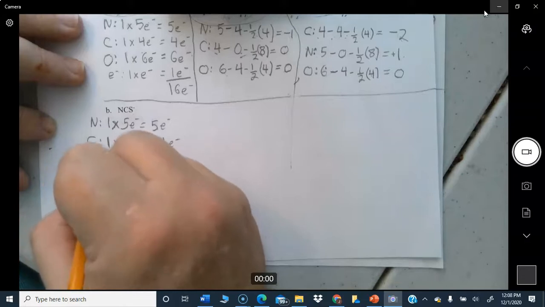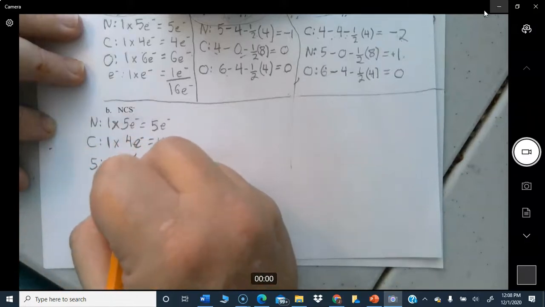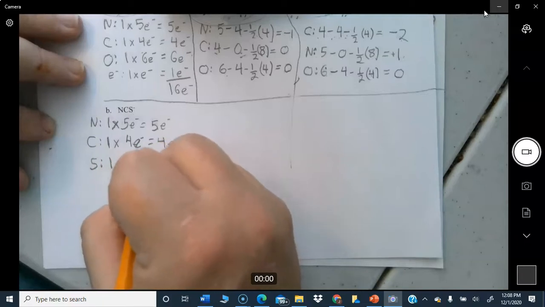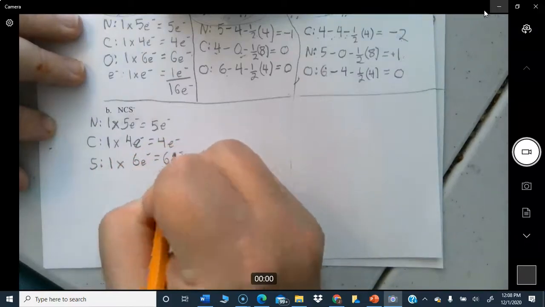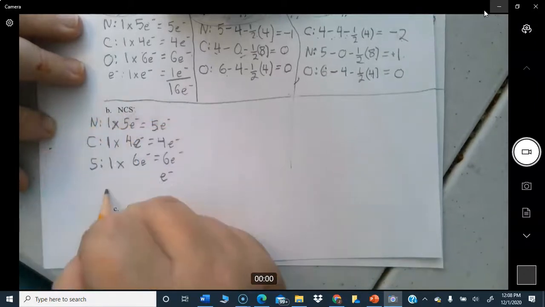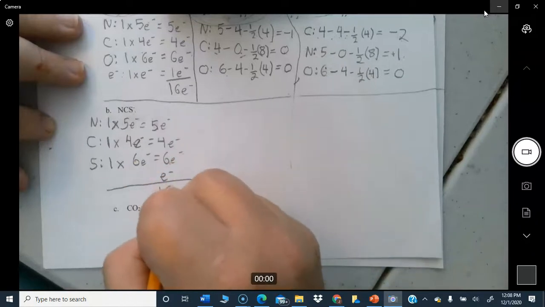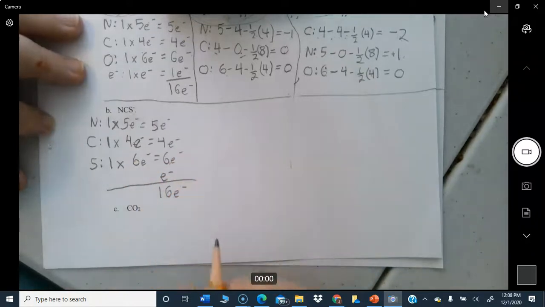And sulfur is right below oxygen, so it has 6, the same as oxygen. And then you have that additional e minus for the ion right there. So you have 5, 9, 15, 16 valence electrons to deal with here.